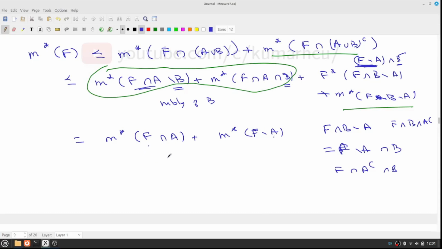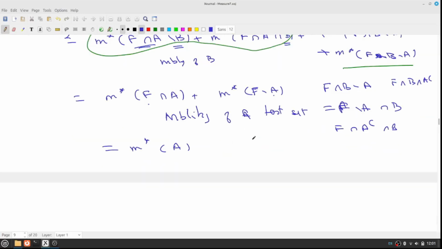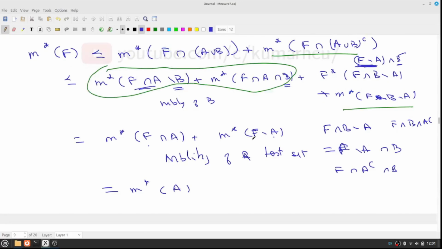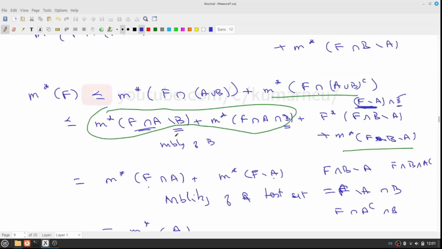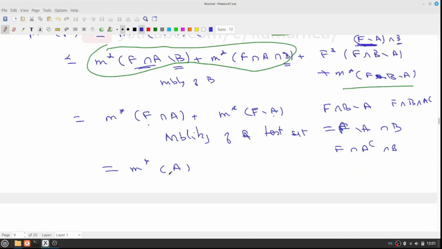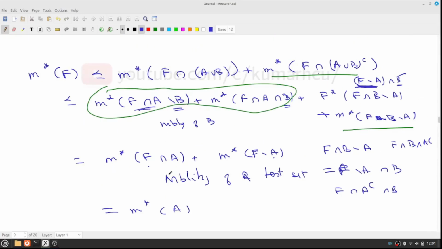Use F as a test set, measurability of A. This gives me m star of A. Please go through this. So what I have shown, this one gives me measurability of this. Therefore, what I have is m star of A union B.